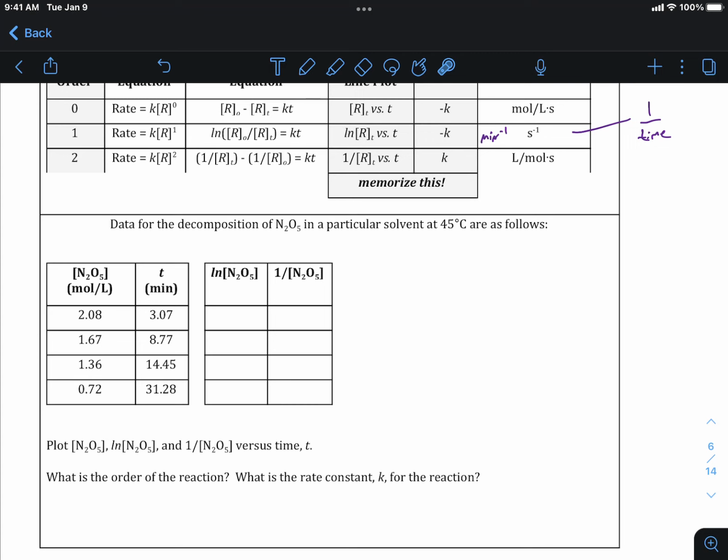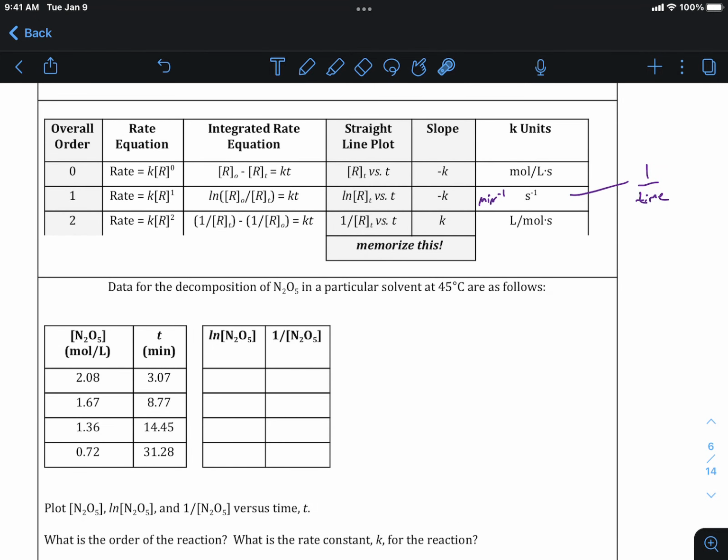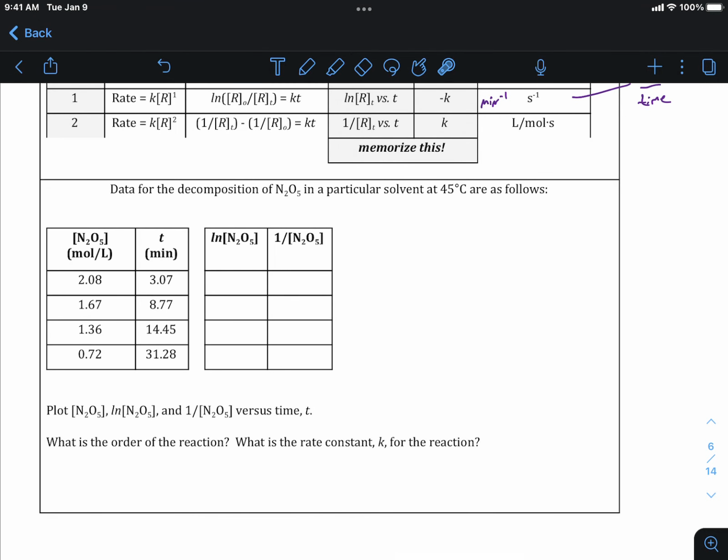So as you enter this in, a couple of tips. In your list, when you enter in your list data, L1 is the X values by default, right? So time. L2 is your Y value. So what I did was I entered in L2 the concentrations, 2.08, 1.67, and so on.